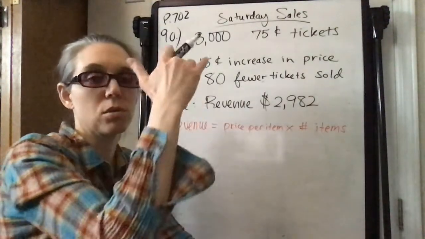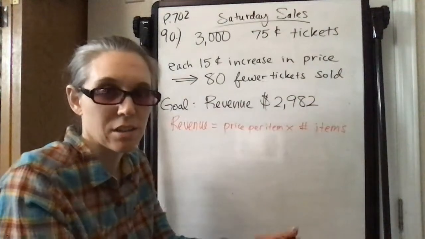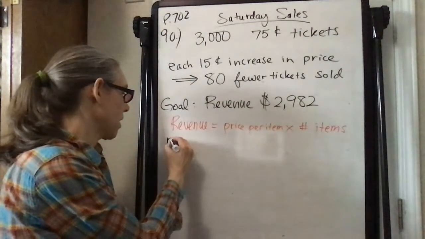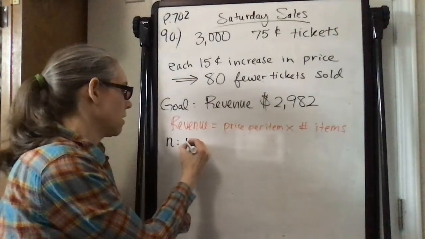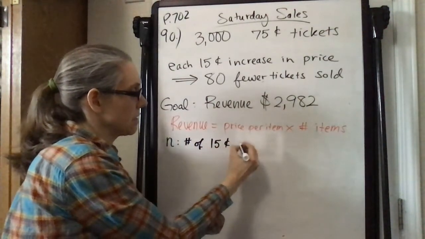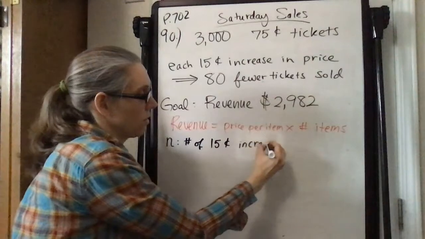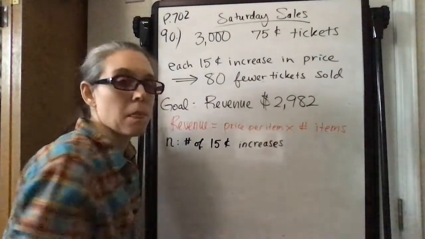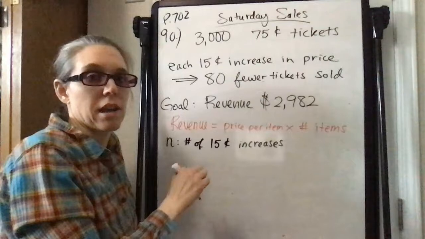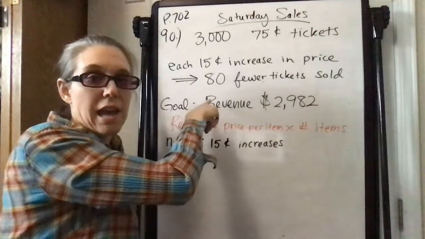How many multiples of 15 cents should we go up? Okay, so let's define a variable. N can be the number of 15-cent increases.